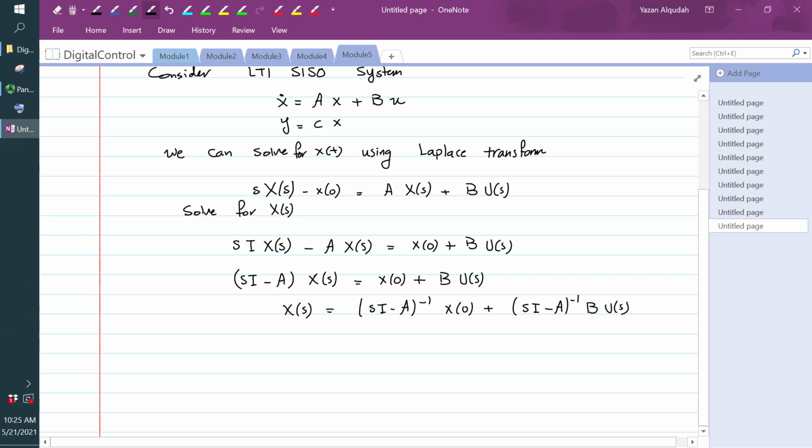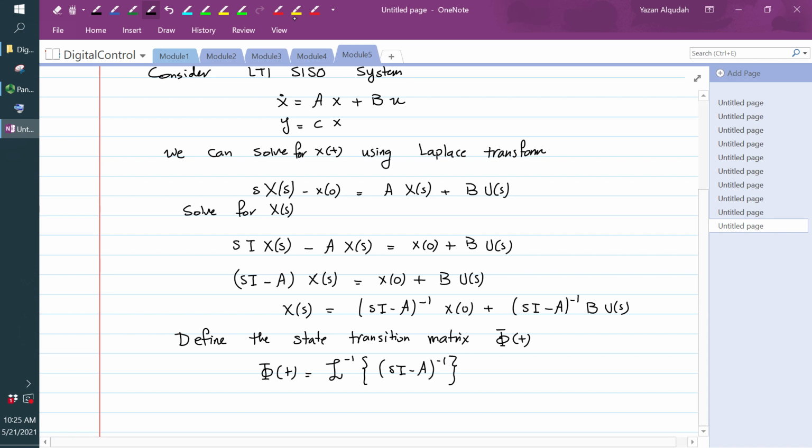Now to simplify the write-up and the notation, I'm going to define the state transition matrix as phi of t, and this phi of t is going to equal the Laplace inverse of (sI minus A) inverse.